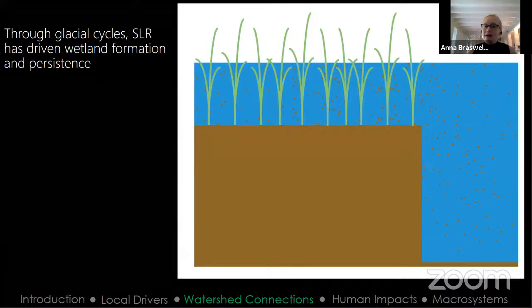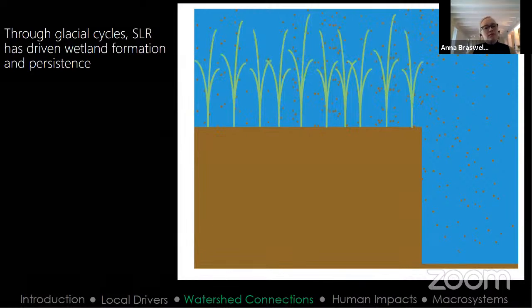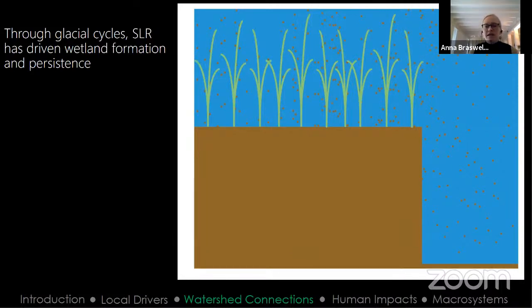And even under a higher rate of sea level rise, because you have more sediment coming onto that platform, and the plants trapping more sediment, models show that platform will maintain itself under a little bit higher rates of sea level rise. But if we get to really high rates of sea level rise, plants drown and are unable to keep up with the processes that lead to elevation gain, and those coastal wetlands can't persist.